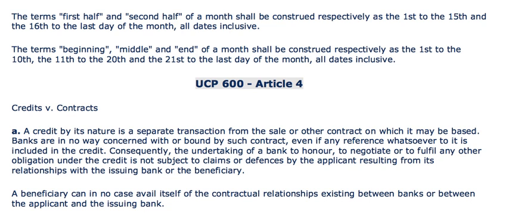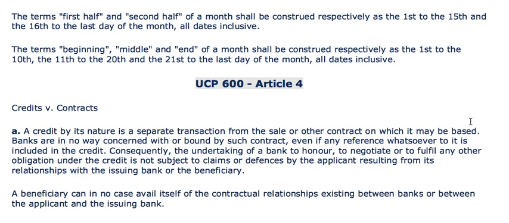So normally credits can be many, but for one credit, contract is only one. Credit by its nature is a separate transaction from the sale or contract on which it is based. So credit is based on a contract, you can say. It may be a verbal contract, it may be a written contract. It depends upon the understanding between the applicant and the beneficiary, or you can say a buyer and a seller.